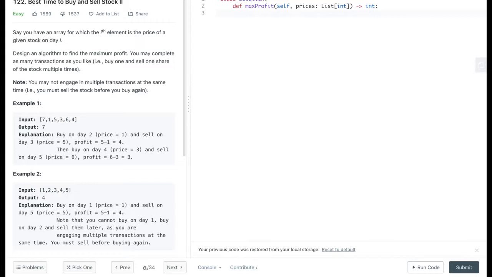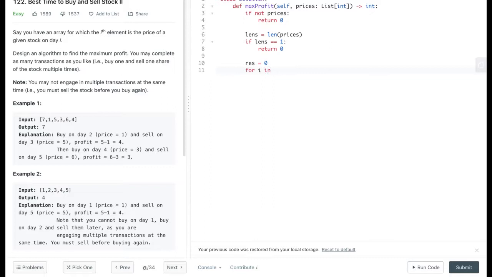So the edge case is if not prices, return 0. If length equals 1, then we should return 0. Result equals 0.